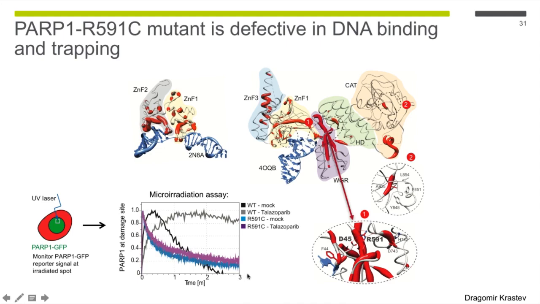So this suggests they are not able to bind stably to sites of DNA damage, activate PARP1 and mediate repair. Also, adding talazoparib doesn't cause trapping in these mutants. So that really suggests that it is a trapping and DNA binding defect in this R591C mutation that might have been responsible for the lack of response to PARP inhibitor in this patient.